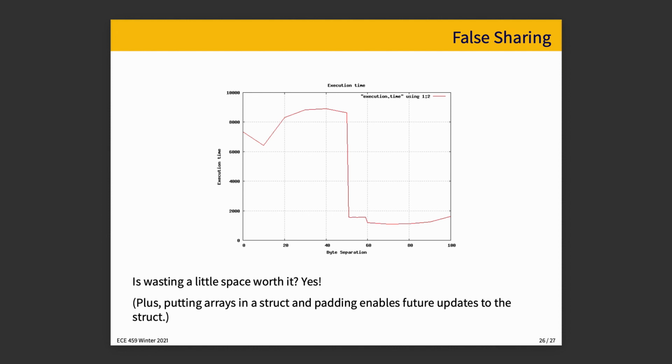Another thing that's interesting is putting arrays in a struct and putting some padding can allow some future updates to the struct without breaking binary compatibility and those kinds of things, but we don't want to dwell on that too much. In any case, yeah, is wasting a little space worth it? Yeah.